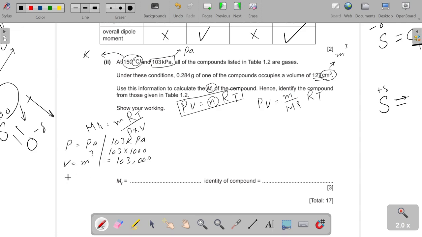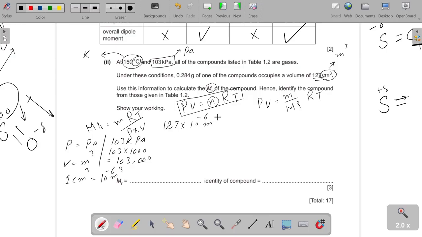Okay, so you know 1 centimeter cube is equal to 10 to power minus 6 meter cube. So now how can I solve it? I need to convert this volume, so it will become 127 into 10 to power minus 6 meter cube.